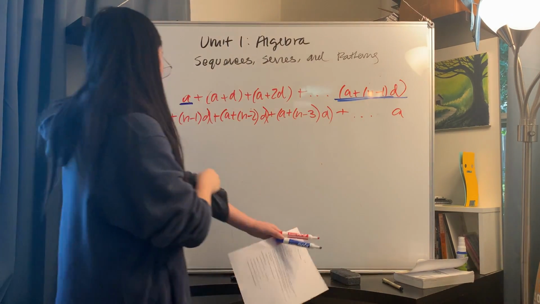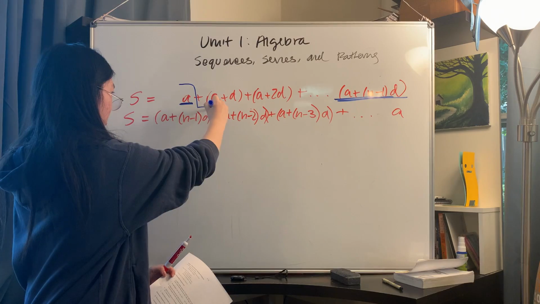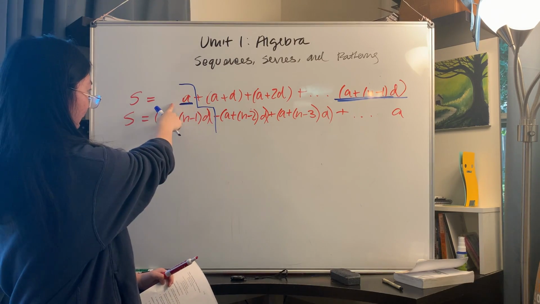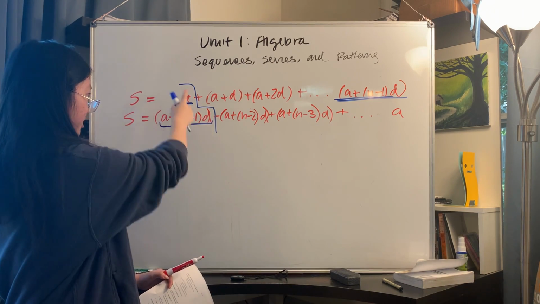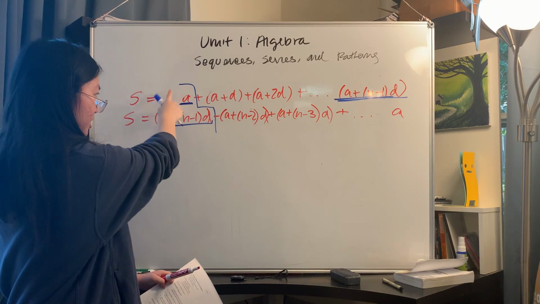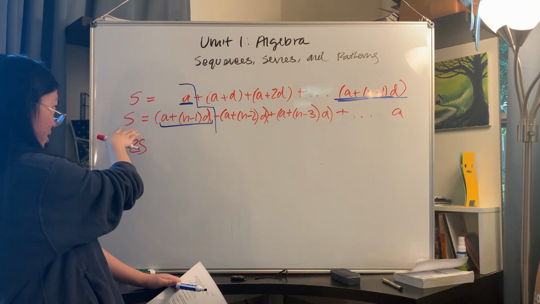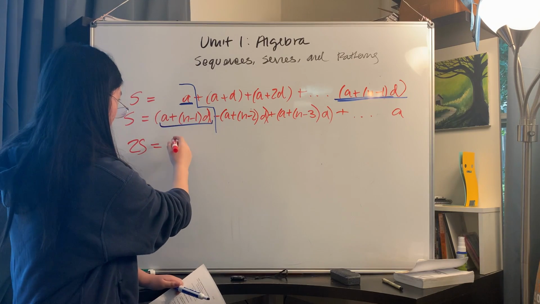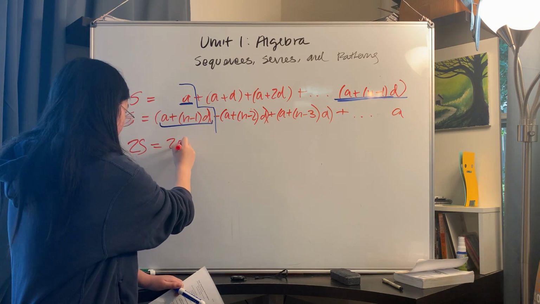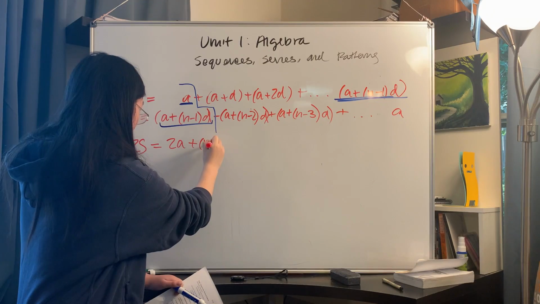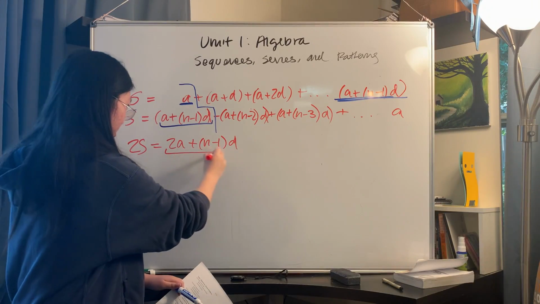Okay, well first we're going to be adding, maybe I should draw a border, a with this part here. So we're going to be adding the first term to the nth term, and that is equal, well, 2S, because we're adding this part together. 2S is equal to, well, if we add it, we get 2a plus (n minus 1)d. So that's our first portion.